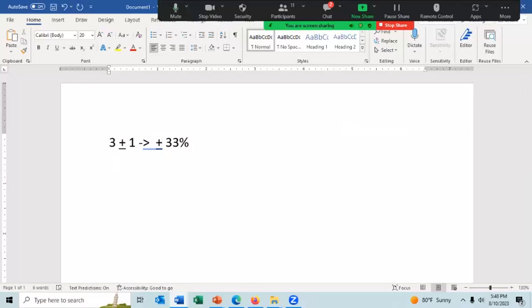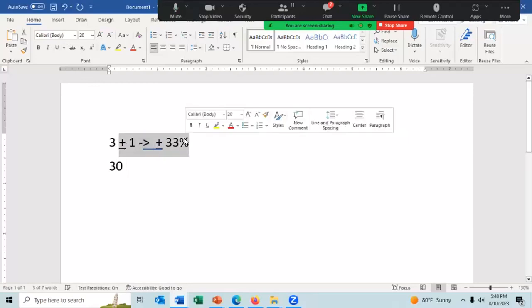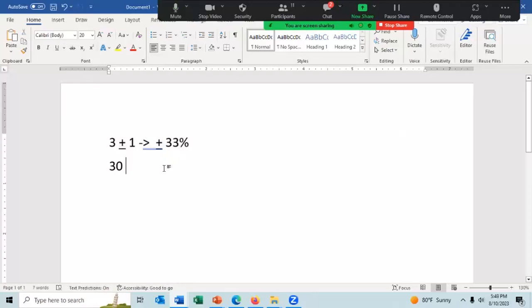On the other hand, if we have 30 colonies, plus or minus 1, it's not plus or minus 3. Hopefully I have my math right here. Is that right? 1 out of 30 is going to be about 3.3%. That sounds about right.